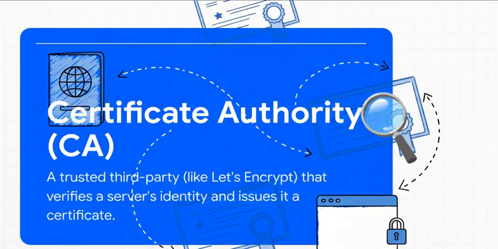These certificates are handed out by what are called certificate authorities, or CAs for short. You can think of them as the passport office for the entire internet. They are globally recognized, trusted organizations whose entire job is to verify that a website is who it says it is. And here's the key. Your browser already knows and trusts them right out of the box.